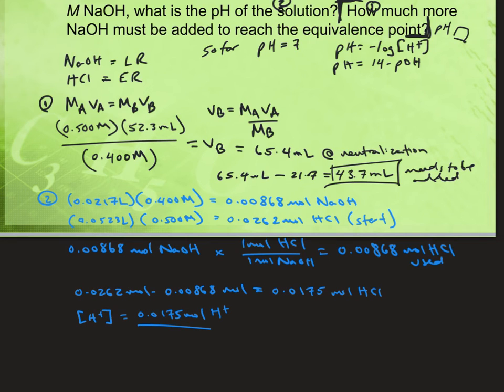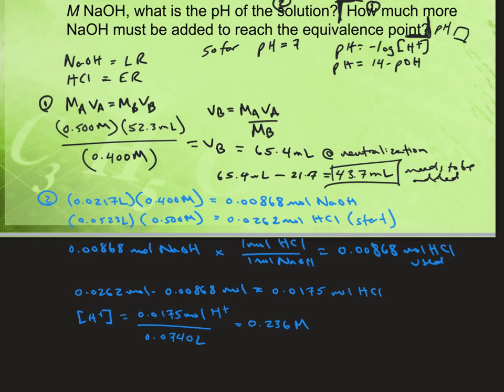Divided by my volume, it's 2 volumes. It's this volume of base and this volume of acid that have been added together. So 0.0217 plus 0.0523. So that is 0.0740 liters. So we get 0.0175 divided by 0.074. My hydrogen ion concentration is 0.236 molar.